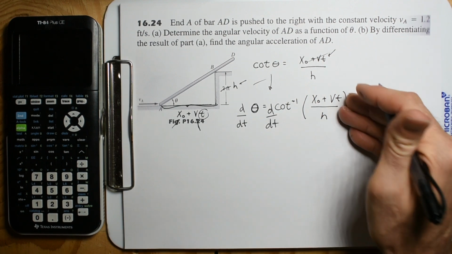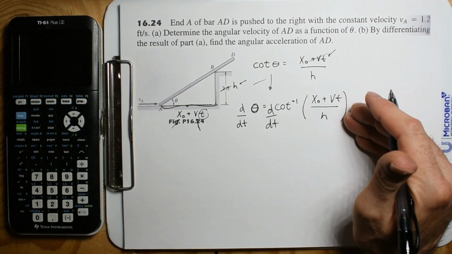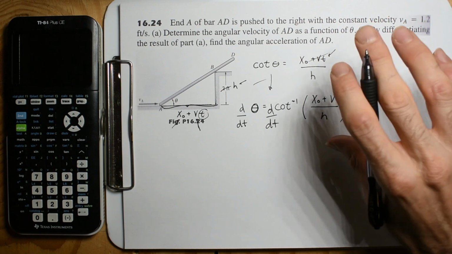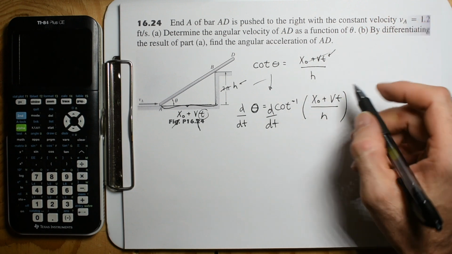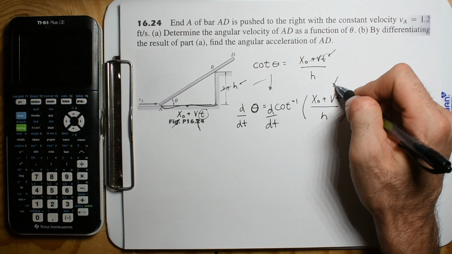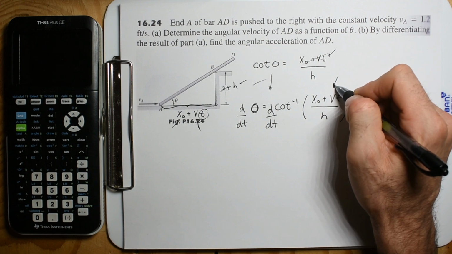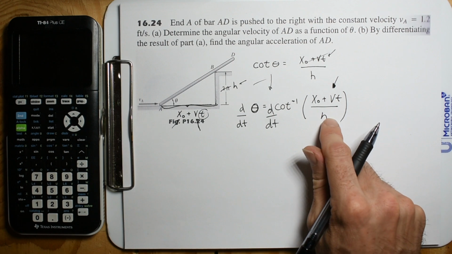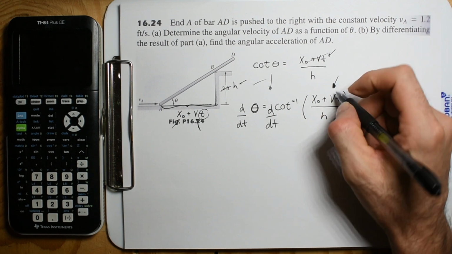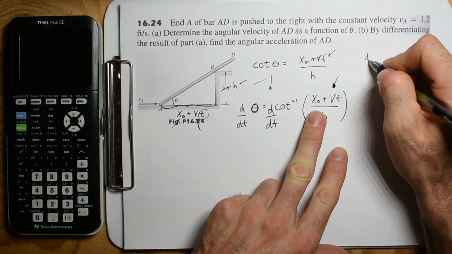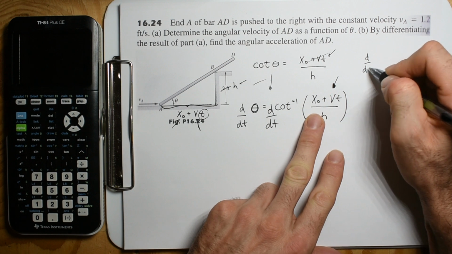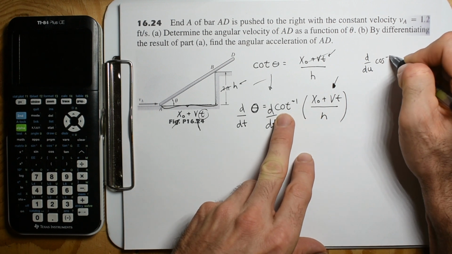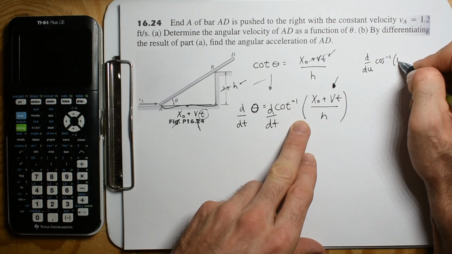And guess what? I can differentiate this with respect to time, but you still use the chain rule, just from the fact that this is complicated. If you look this up in a book, you would see the derivative with respect to u of inverse cotangent of u is negative 1 over 1 plus u squared.